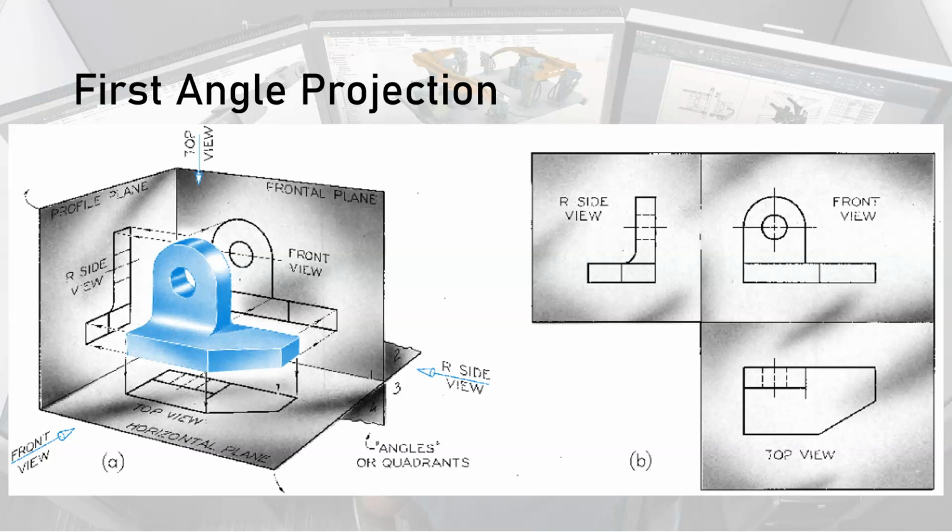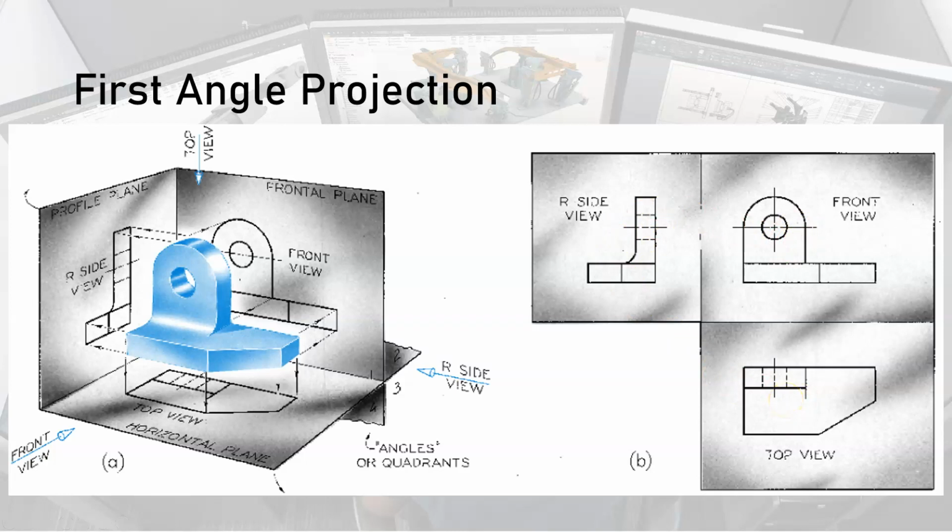And I did not know that there even was a thing called first angle projection. And so when they gave me the drawings and I noticed that here's the front view, but the right side view is on this side and the top view is down below, I thought that everything was goofy.